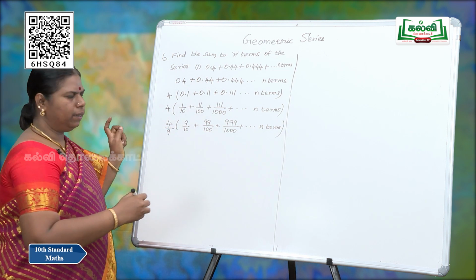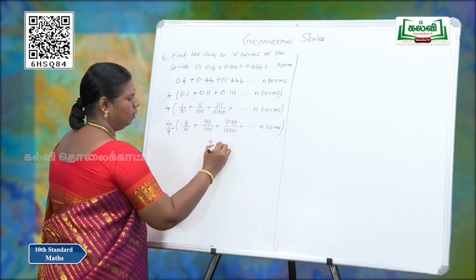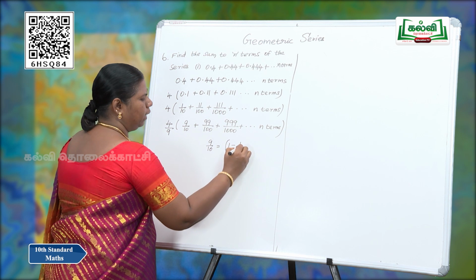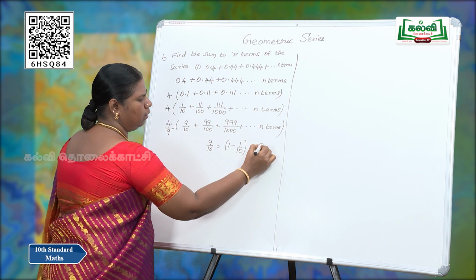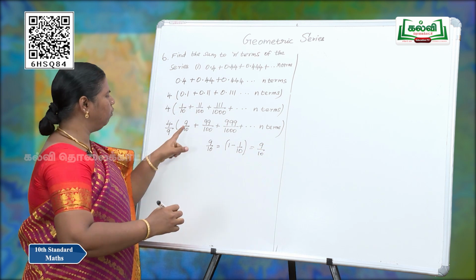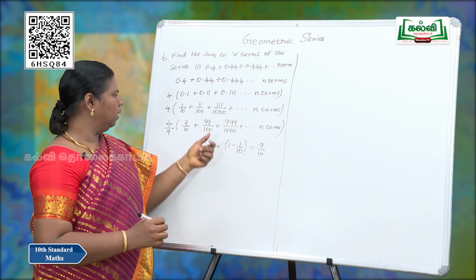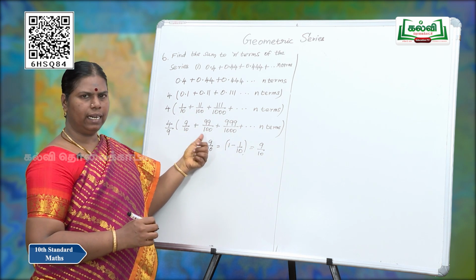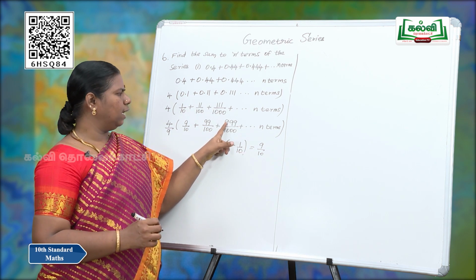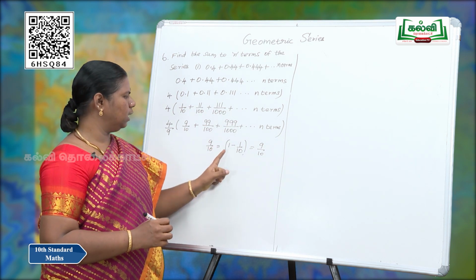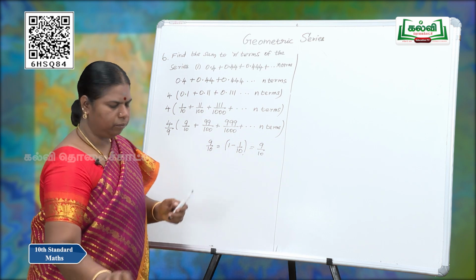9 by 10 can be written as 1 minus 1 by 10. If we take LCM, it will become 10 minus 1, which is 9 by 10. So, in the place of 9 by 10, I am going to write 1 minus 1 by 10. In the place of 99 by 100, I am going to write 1 minus 1 by 100. 999 by 1000 is equal to 1 minus 1 by 1000.